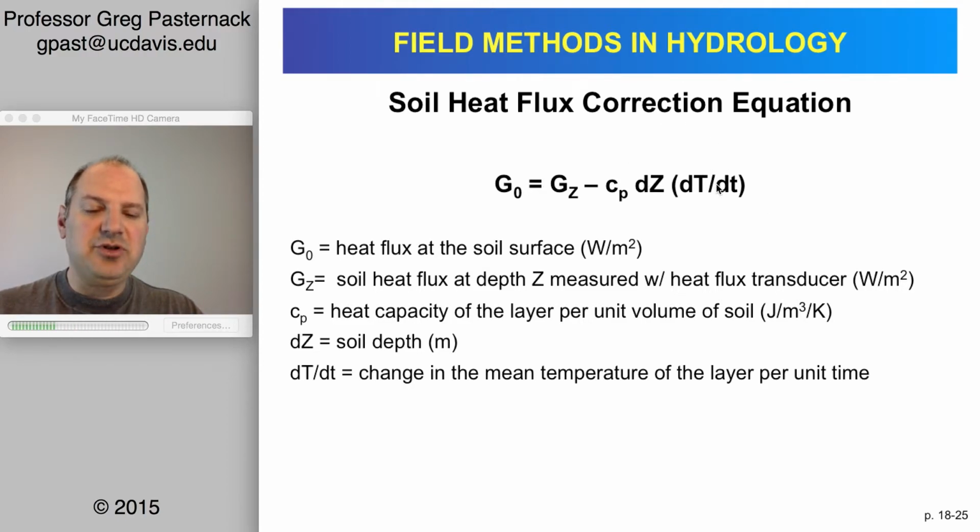So how is temperature changing through time? And we integrate that over the depth. So you can imagine like an integral function here. And then we multiply that by Cp, and I warned you earlier, this Cp is the heat capacity of that soil, joules per cubic meter per degree Kelvin. So we have the heat capacity of the soil here. And so we subtract that from this.